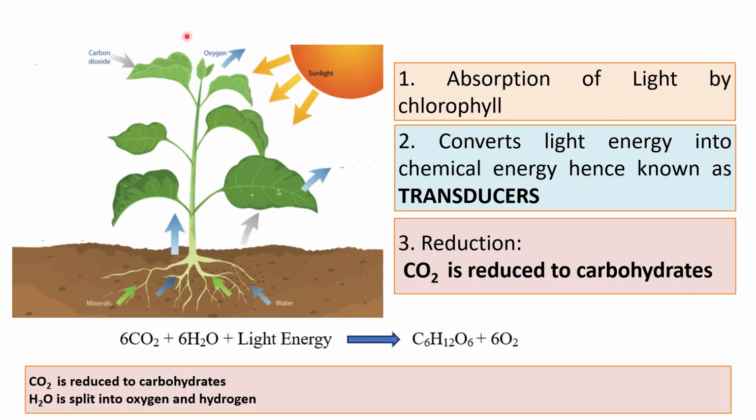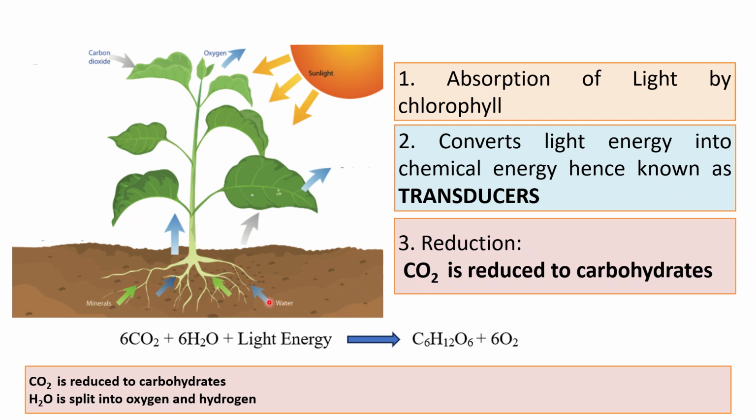Students, in this figure, you can see the process of photosynthesis. This is sunlight, that is solar energy. This is the green part of the plant, that is the leaf, which has chlorophyll in the chloroplast cells. And this is carbon dioxide taken by the plant from the atmosphere and water from the soil.